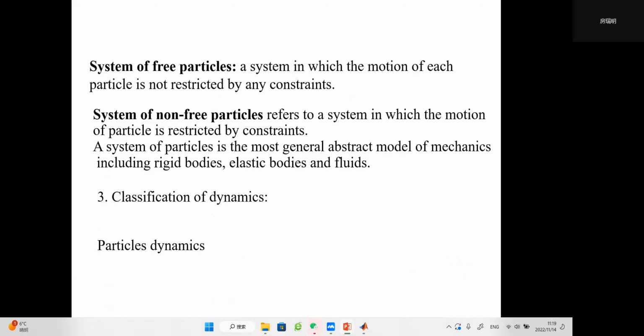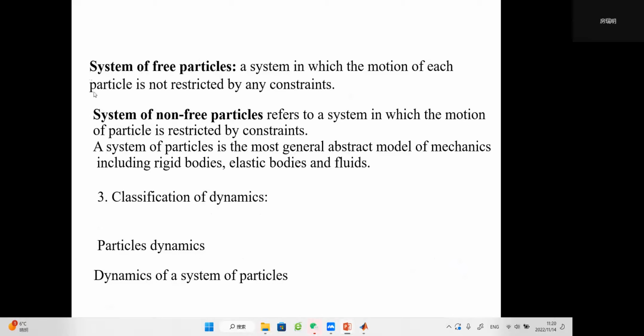We will continue to introduce this. Let's see, a system of free particles: a system in which the motion of each particle is not restricted by any constraint. Another is a system of non-free particles. This is very realistic, right?